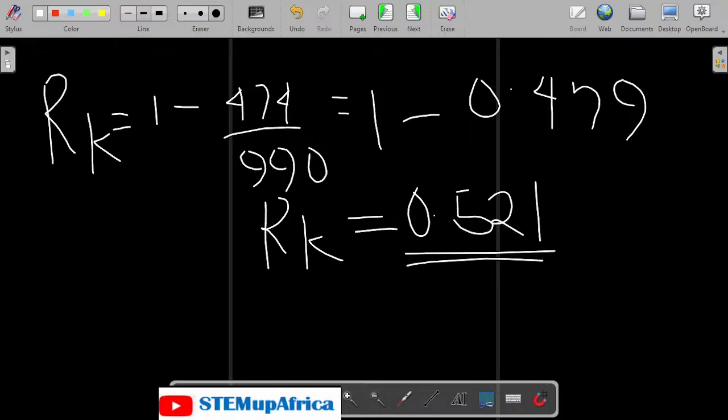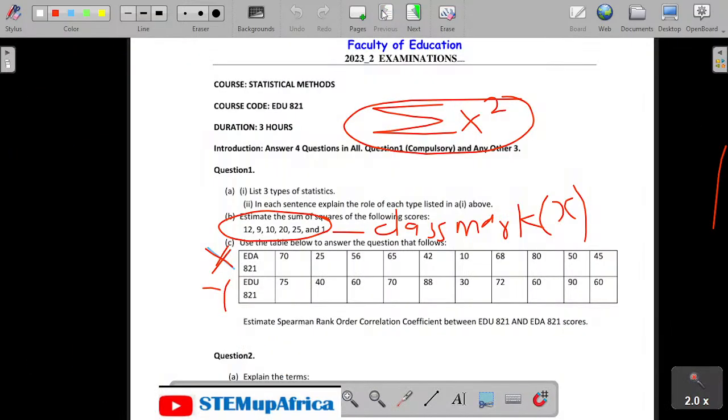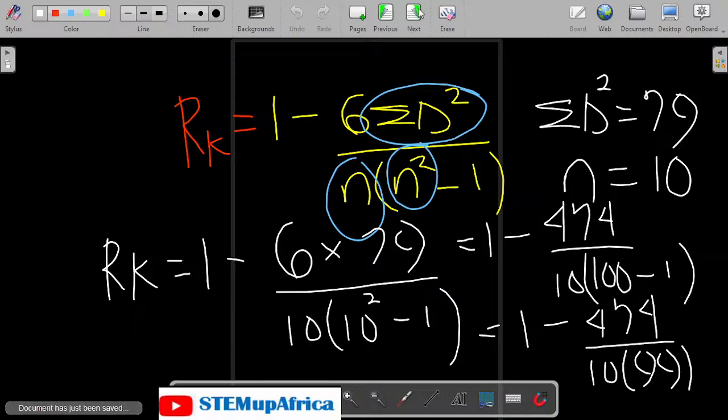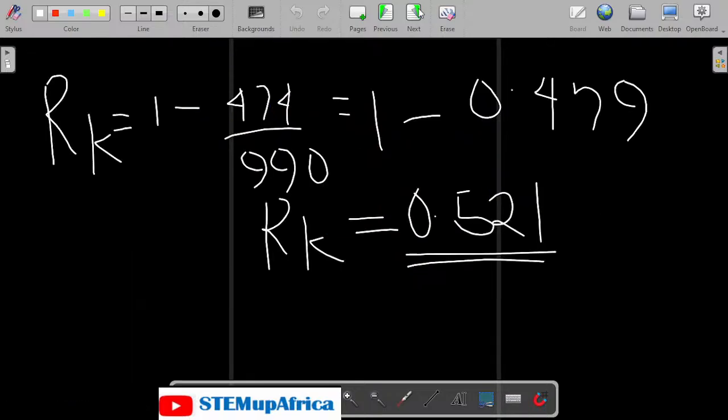In some questions, they can ask you to state the relationship between both of them. Let's check the question if they requested that. No, they didn't request it, but they can ask you to state the relationship. The relationship comes in ranges. When your value falls between 1 and 0.9, there is a strong relationship between the two.